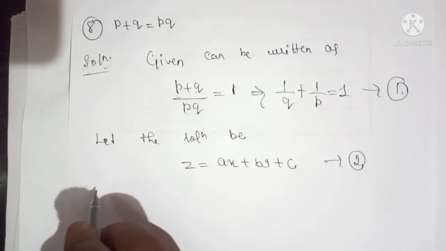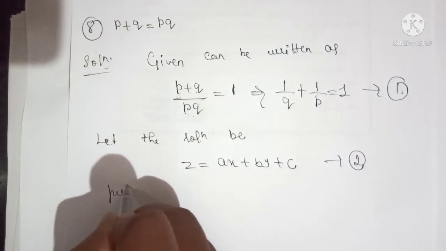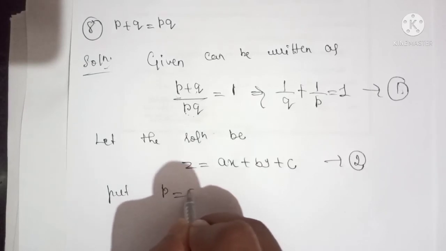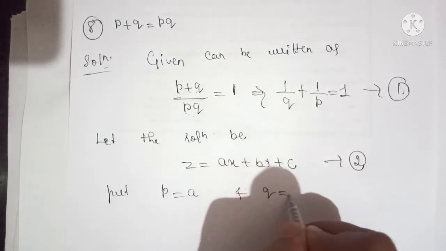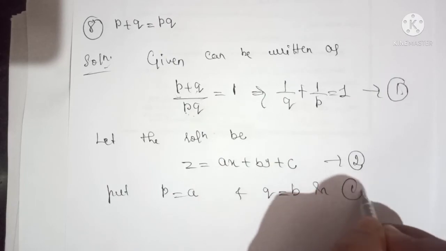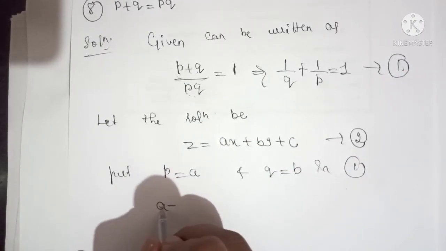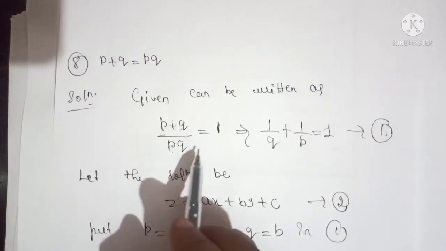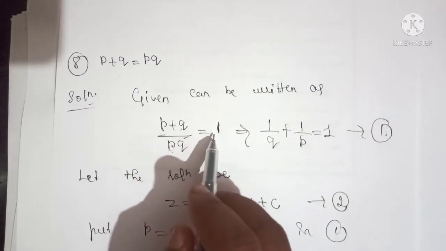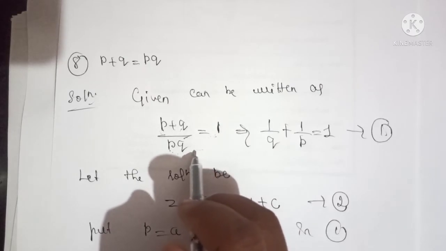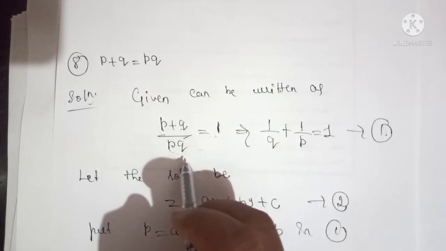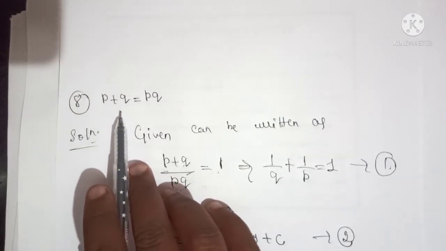Now replace p by a and q by b in equation 1. Or simply here you can consider this one as equation 1, so that the simplification will be easy, or you can substitute directly in this also.